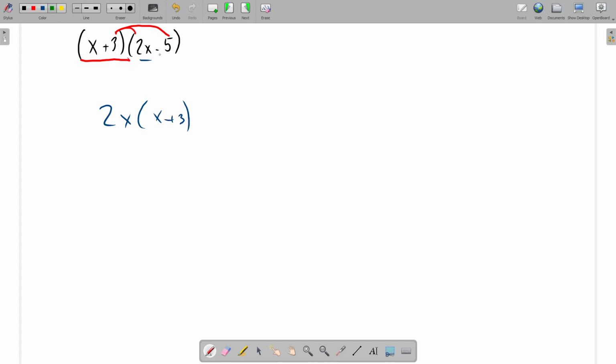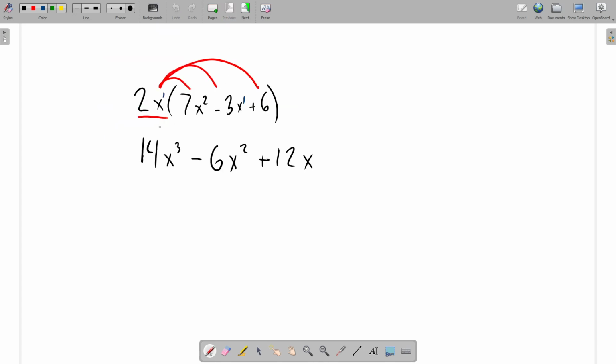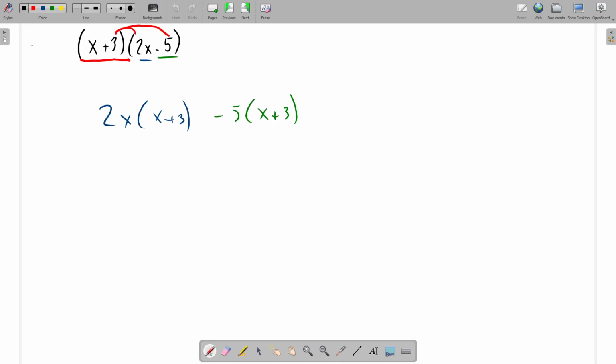And I can take this negative 5 and we are multiplying it by the binomial x plus 3. Now I have two different pieces that look very similar, in fact nearly identical, to the process that we looked at in this recall example. So this should be pretty straightforward.